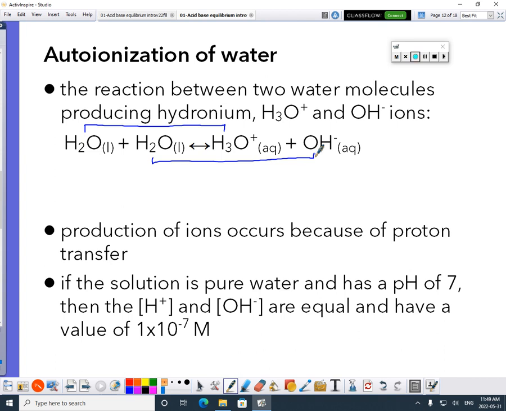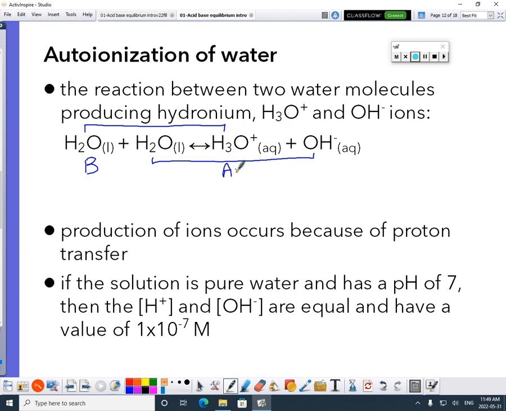So what they noticed was that the fact that water can be protonated means that this water molecule has accepted a proton. So it's the base to become hydronium, which is its conjugate acid.